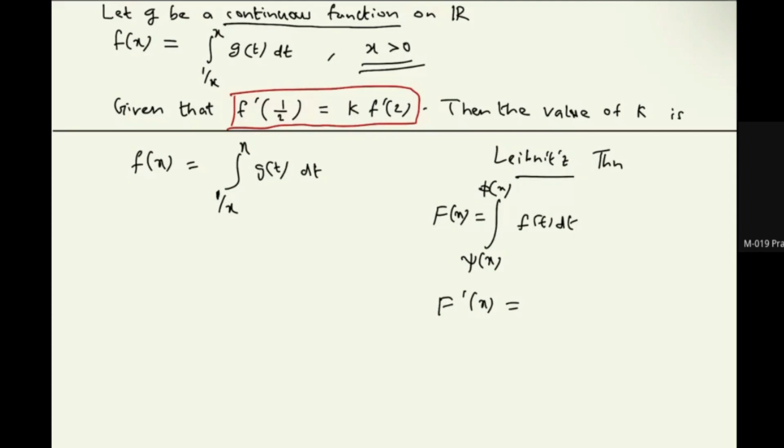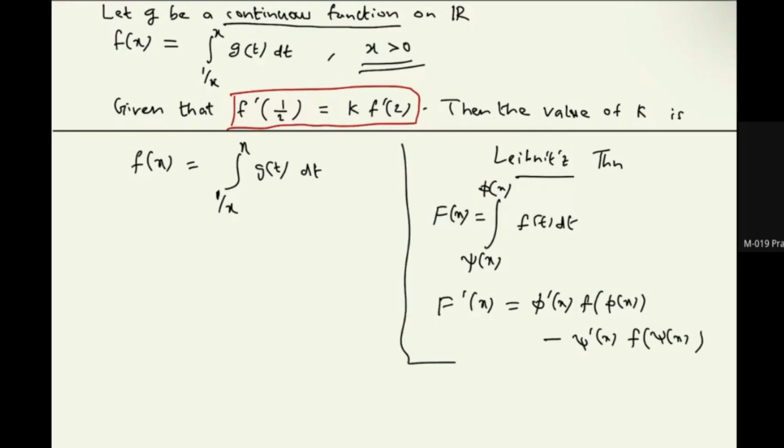It should be differentiable, with upper limit phi of x and lower limit psi of x differentiable. So it should be phi dash x f of phi x minus psi dash x f of psi x. So this is the result. This is the formula.